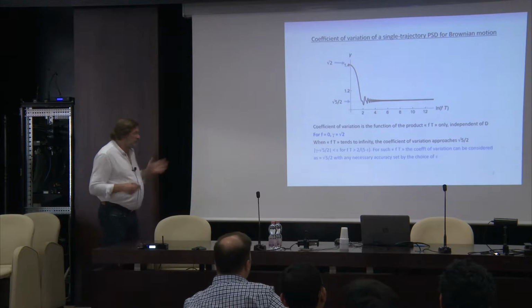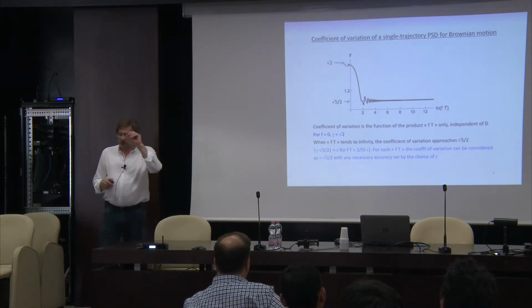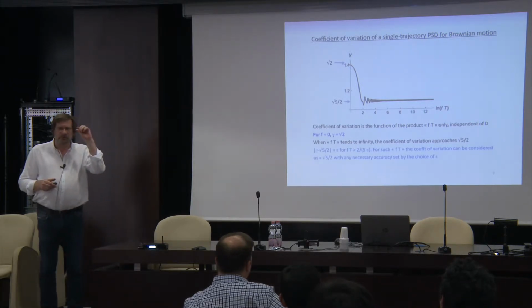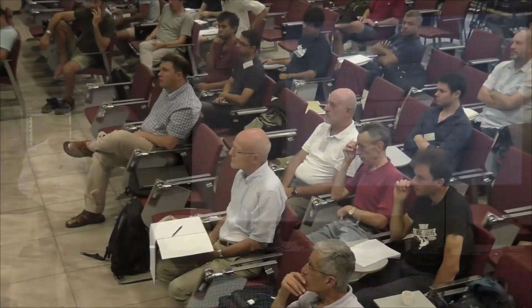So we can define an accuracy parameter epsilon, for when the amplitude of oscillations around square root of 5 divided by 2 becomes smaller than epsilon. It happens when ft becomes larger than 2 divided by 5 epsilon.